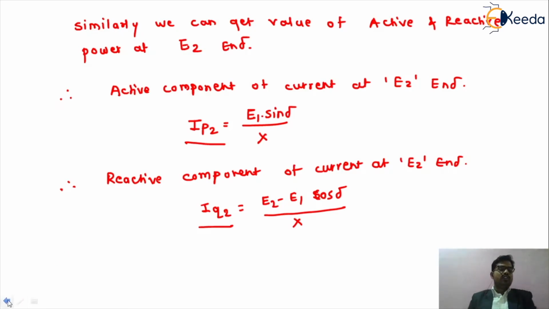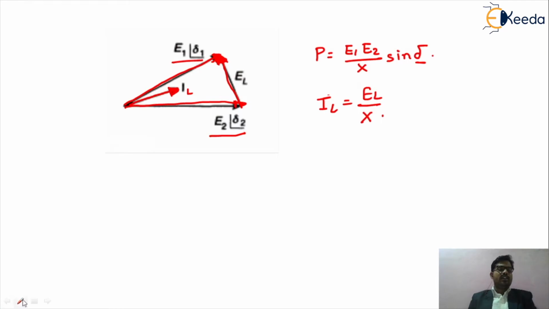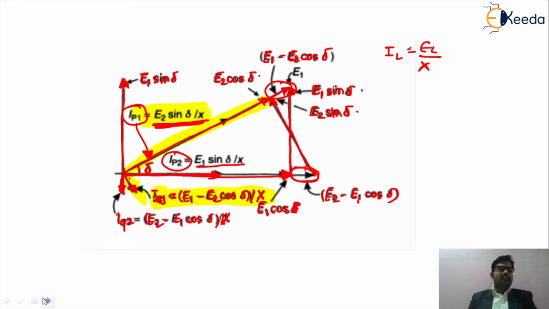Again, I can show you this phasor diagram for your understanding, because it is very important. What should be the value of IP2 and IQ2? We have to understand. If you want to get the value of IP2 for the E2 end, this will be the value of IP2, and this will be the value of IQ2, that we had already derived from this particular phasor representation.